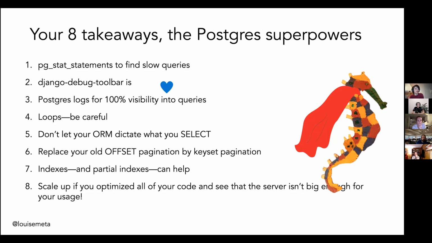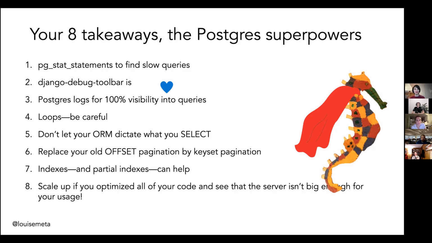Because when you're using Postgres logs, they give you 100% visibility into your queries, so you're not going to miss any queries, but you will still have to work a little bit harder to make the link between the query and where it comes from in your code. And that can be tough if you have gigantic views with a lot of calls and stuff.